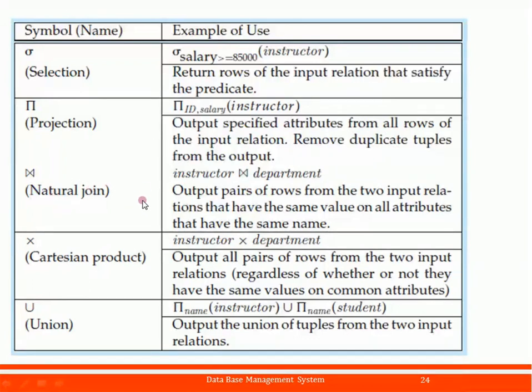The next is join, which combines two relations based on an attribute which is common in both, like instructor and department. When the department name is the same in both, then that will be displayed. Cartesian product simply combines all the tuples of one particular relation with all the tuples of the next relation. Union outputs the tuples which are present in one relation or the other relation or both relations.